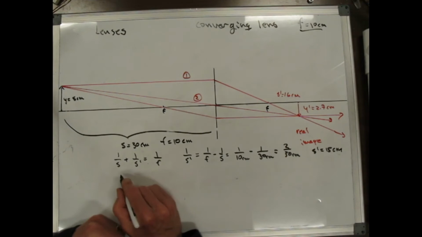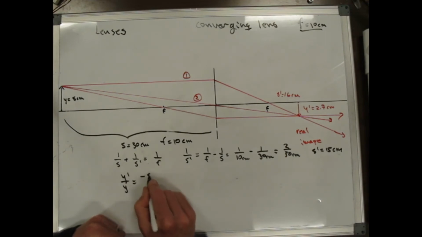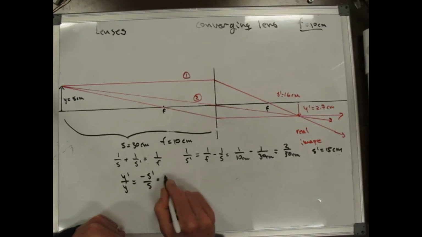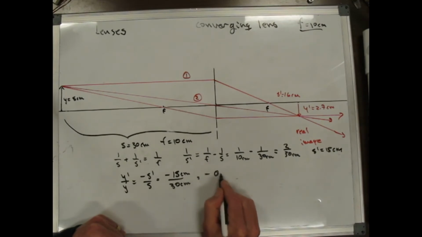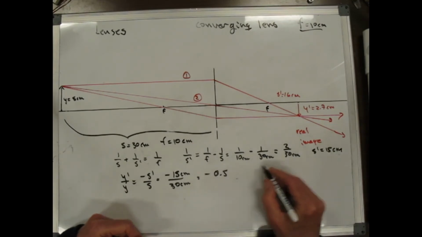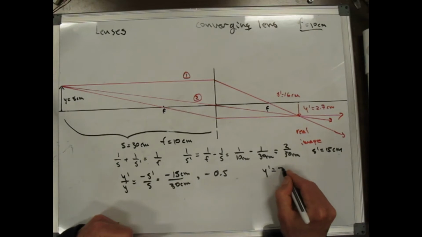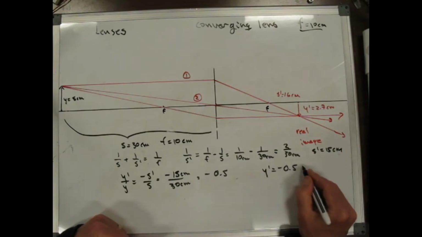And so this would say y prime over y is equal to minus S prime over S, which is equal to minus 15 centimeters over 30 centimeters, which is minus 0.5. And that means y prime is equal to minus 0.5 times y.